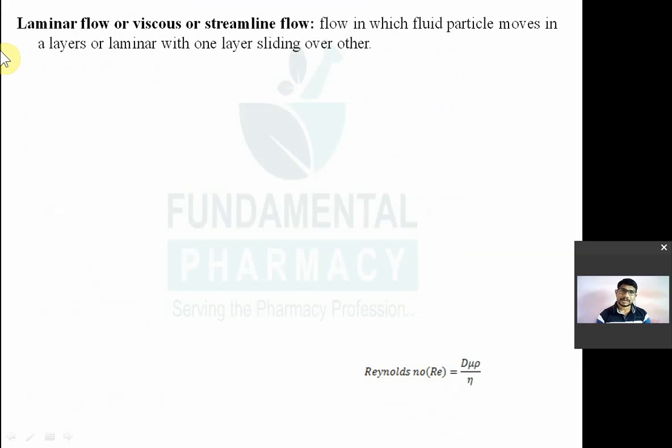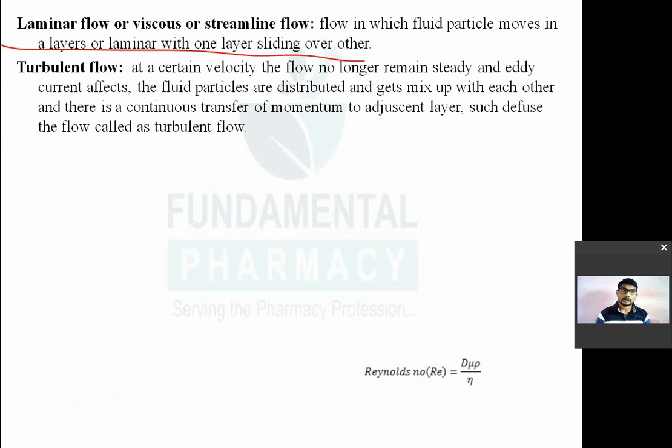Now, what is meant by laminar flow or viscous flow or streamline flow? The flow in which fluid particles move in layers or laminae, with one layer sliding over another, is known as laminar flow. Now, what is meant by turbulent flow? At a certain velocity range, if you increase the velocity, the flow will not remain steady.